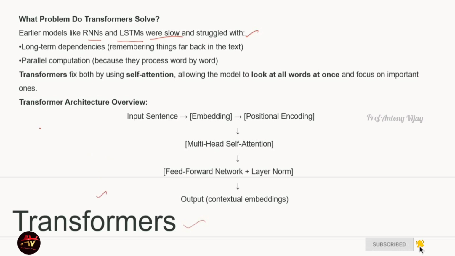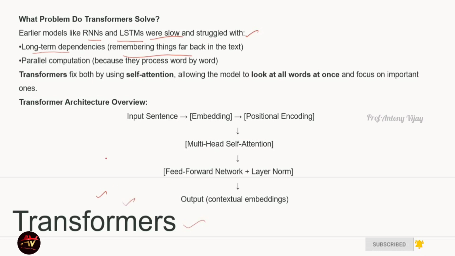There are two drawbacks of RNN and LSTM. The first one is long-term dependencies. RNN and LSTM find it very difficult to remember all the words in a sentence from very far back. For example, if a sentence has 30 words, remembering all 30 words is very difficult for RNN and LSTM. But transformers do all of this.